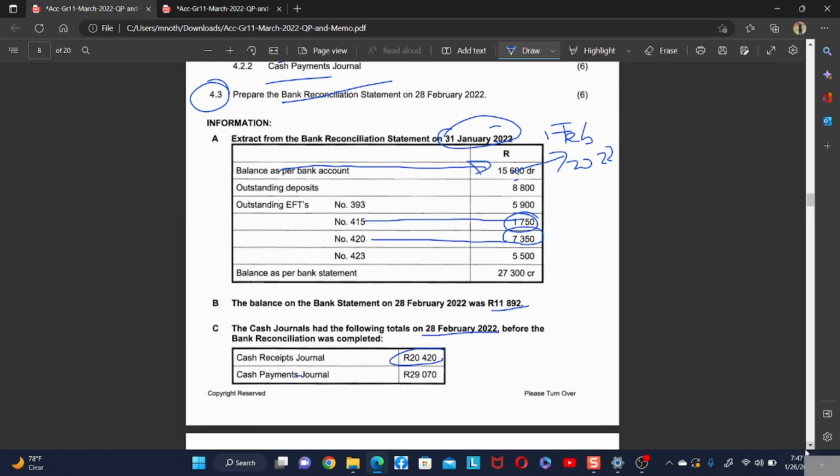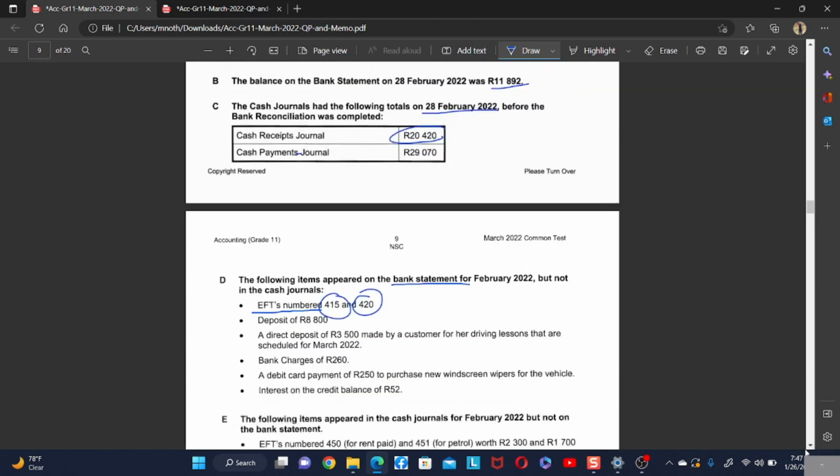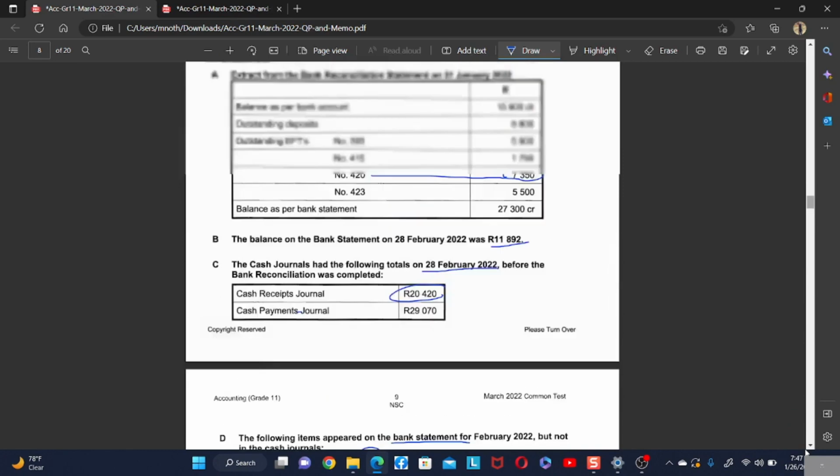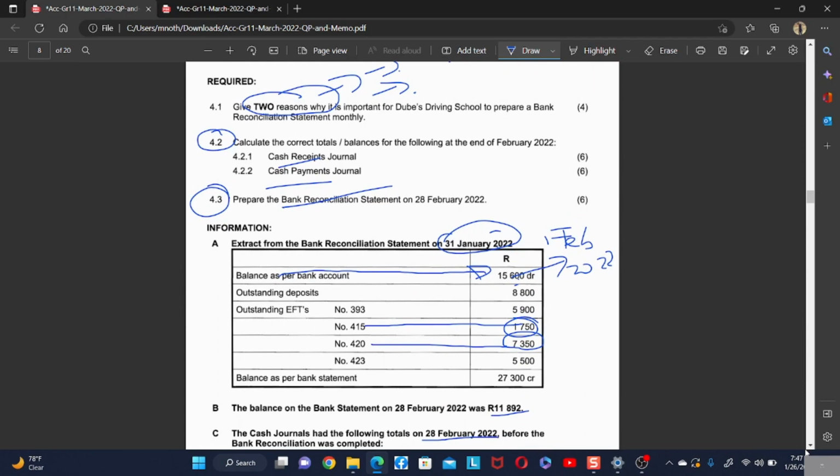The reason we are not recording them is because the first reason we record the outstanding EFTs in the bank reconciliation is that they are appearing in the cash journals but not in the bank statement.